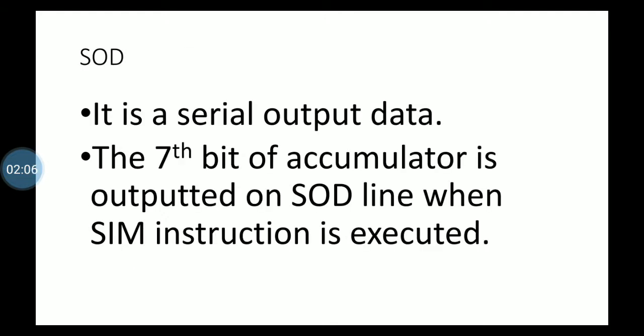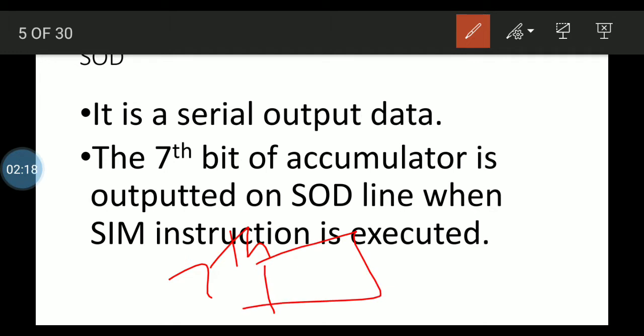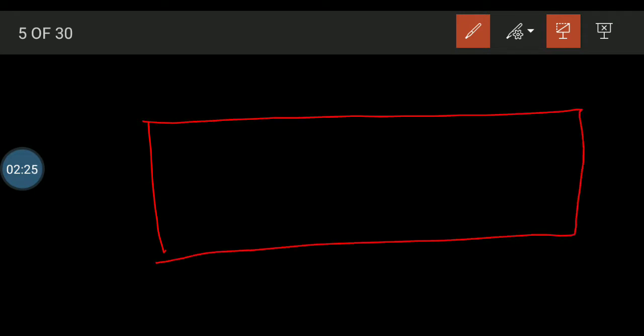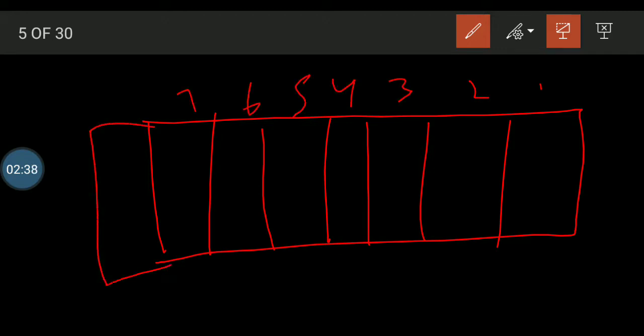Then next one, SOD. It is a serial output data line. In this, the 7th bit of the accumulator is used. How many bits does the accumulator have? The accumulator has 8 bits. Suppose I am writing the bits 1 2 3 4 5 6 7, 8 bits.